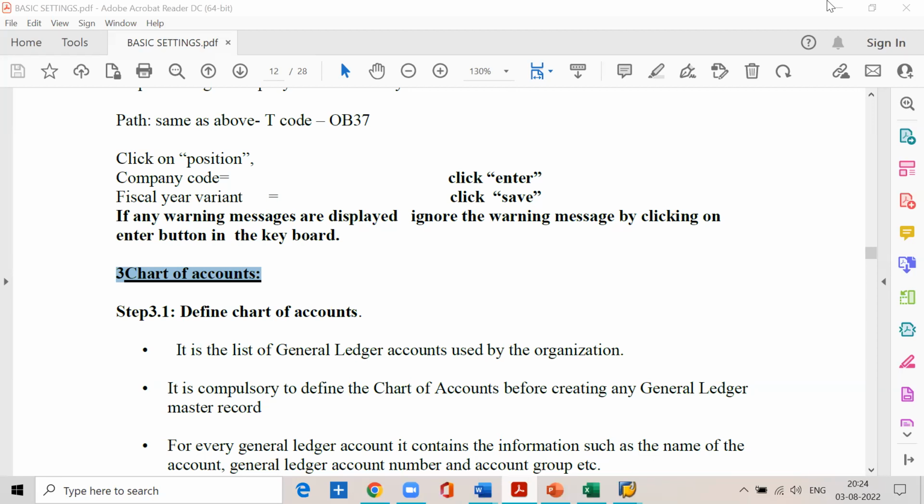So how is this taken care of? In India it is April to March, in the USA it is January to December. So how is this difference of fiscal year variant taken care of at the time of preparation of consolidations? I will explain it at the time of parallel ledger accounting.